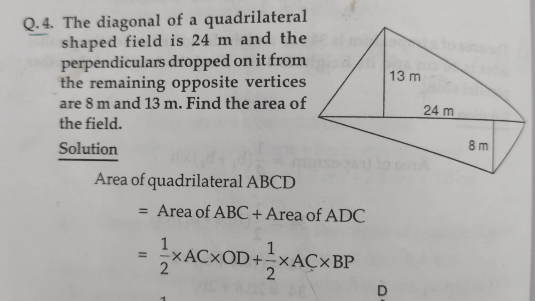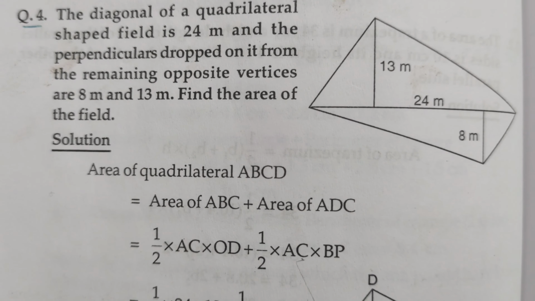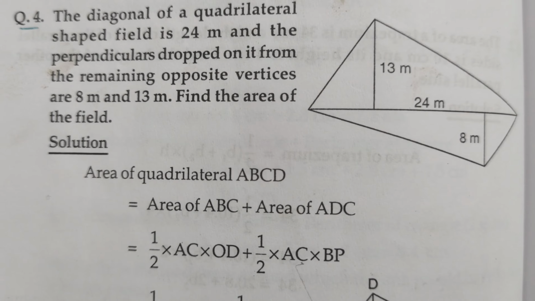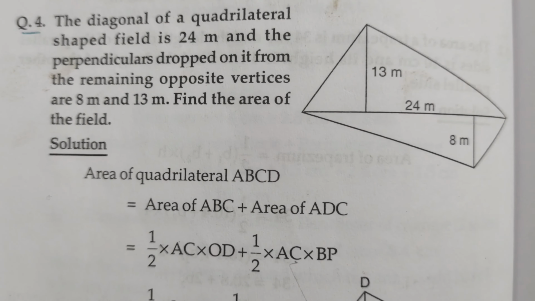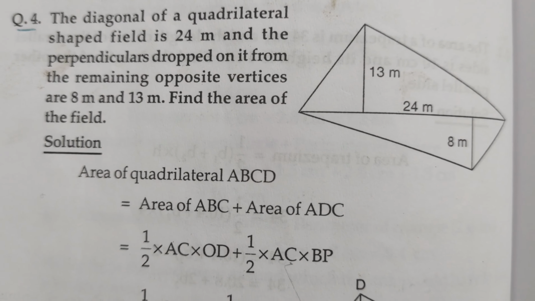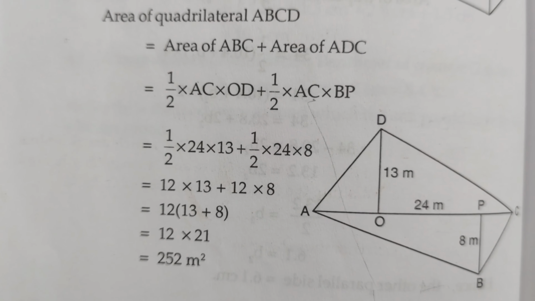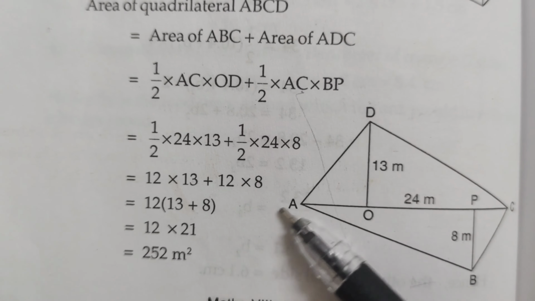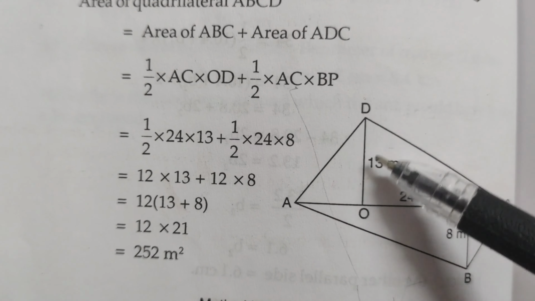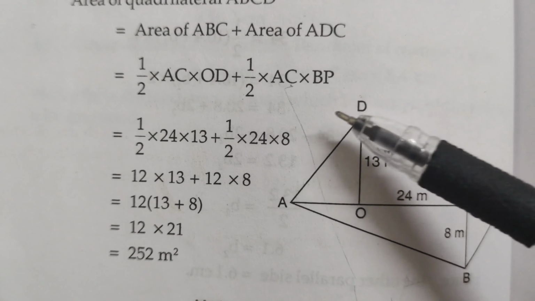Question 4. The diagonal of a quadrilateral shaped field is 24 meter and the perpendiculars dropped on it from the remaining opposite vertices are 8 meter and 13 meter. Find the area of the field. Area of quadrilateral ABCD is equal to area of ABC plus area of ADC.